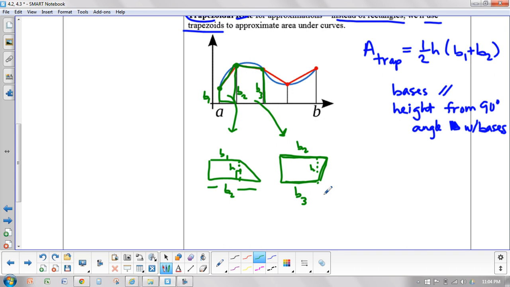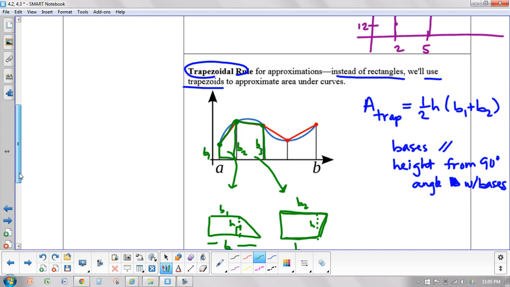If you notice, your bases are what we've been referring to as like heights of rectangles. So your bases would come from function values. These bases would come from function values.